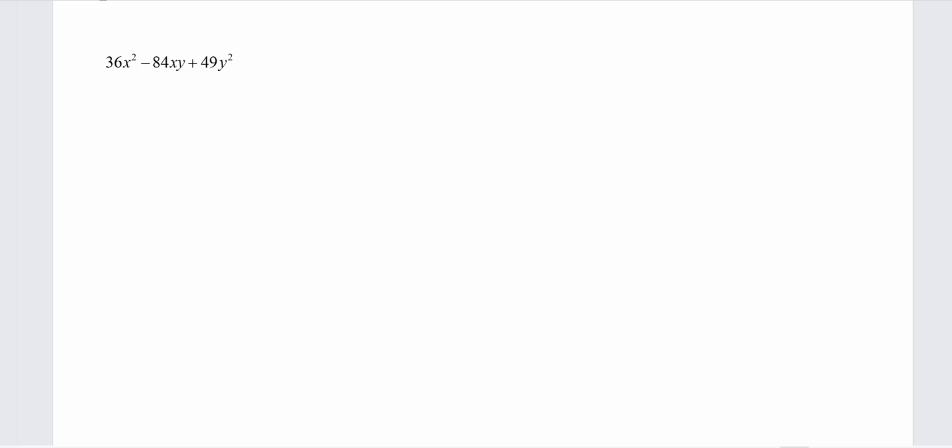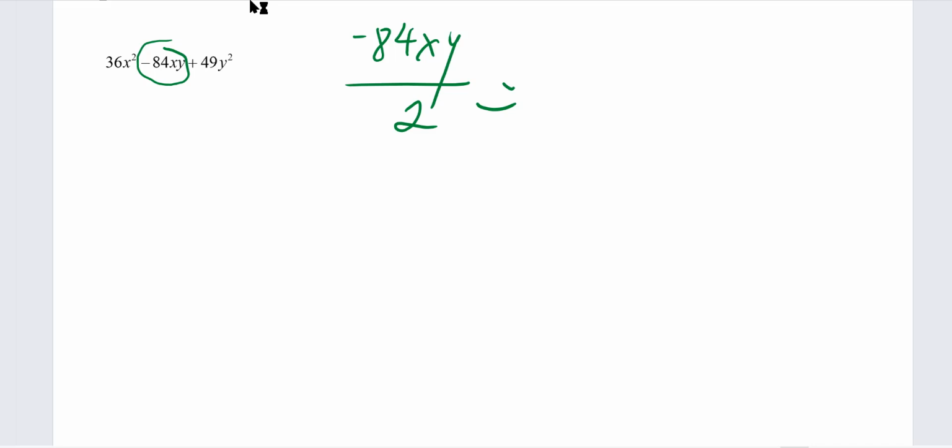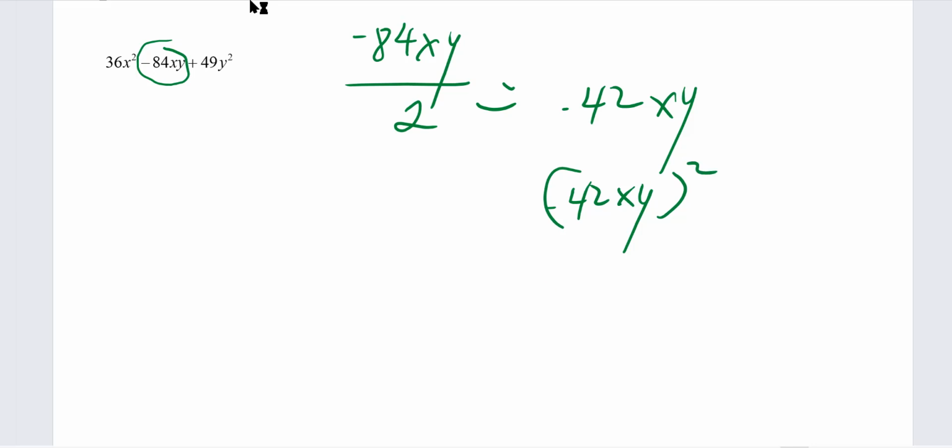What does it have to satisfy? Well, remember, you take your middle term, negative 84xy, and divide that by 2, which gives you negative 42xy. Then you square that.